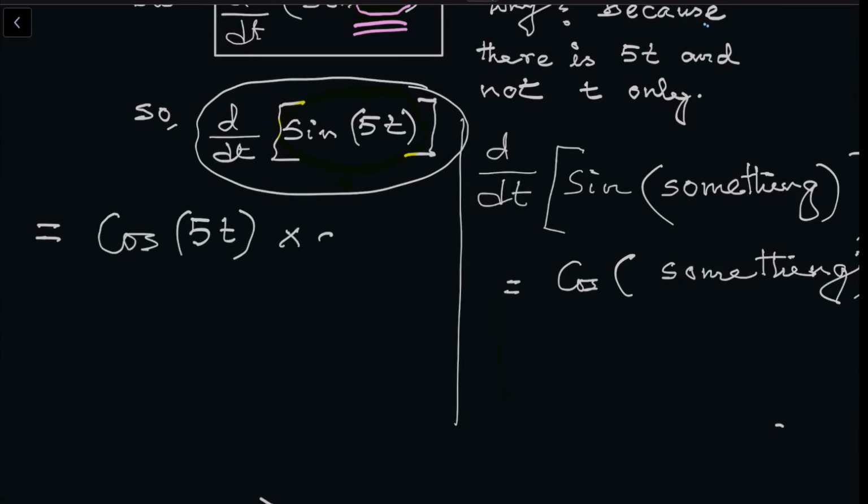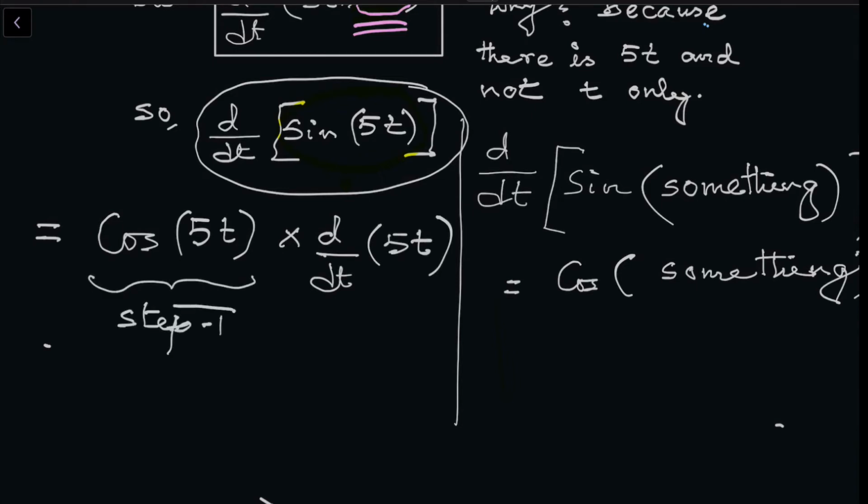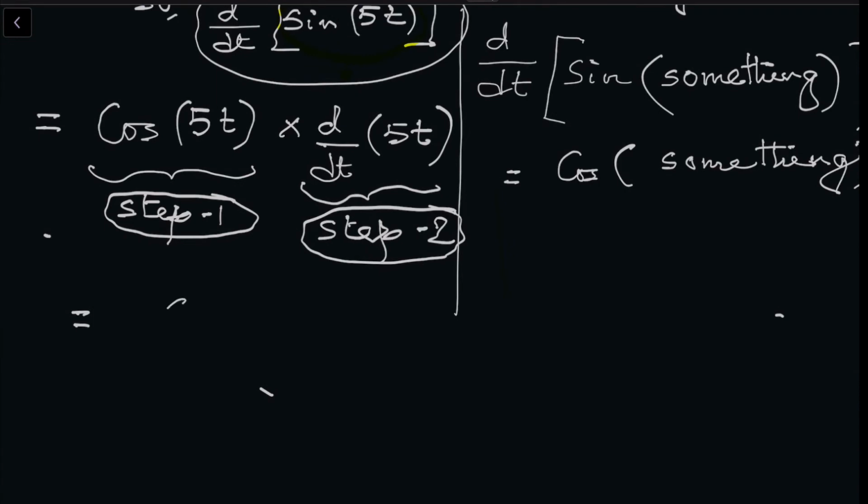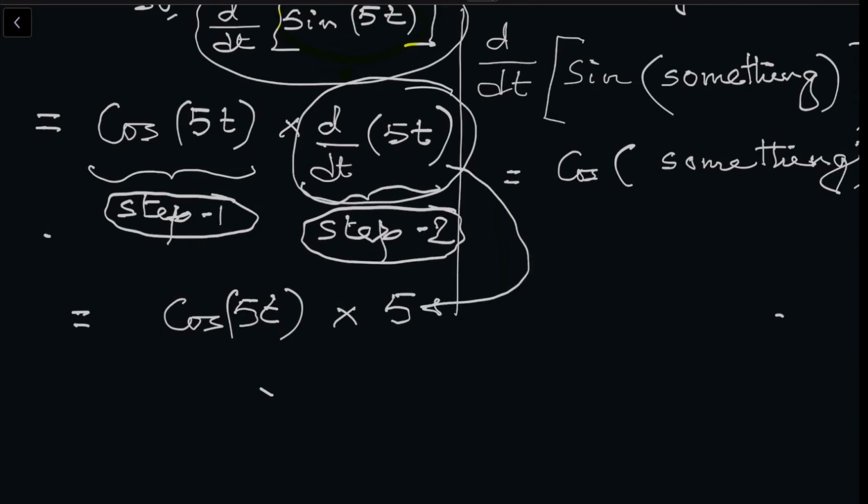Okay, but we have to go inside the bracket, that is 5t. So after differentiating 5t, we will get 5 only. These are the step 1 and step 2 respectively. Now cos 5t into differentiation of 5t, 5. So it finally becomes 5 into cos 5t.